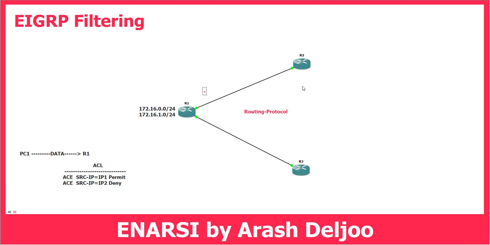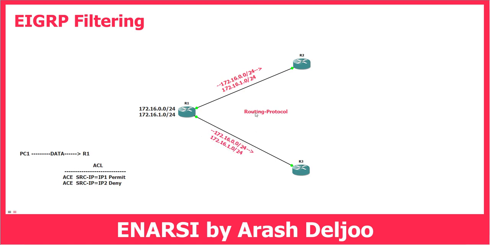Normally, after the neighborship, router 1 should send 172.16.0.0/24 and also 172.16.10.0/24 to both router 2 and router 3. This is the default behavior. You know that we have a rule: if you have neighborship with routers, for example router 2 and router 3, you should teach them the routes that you have.